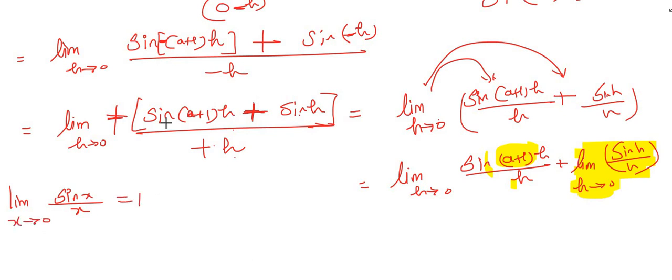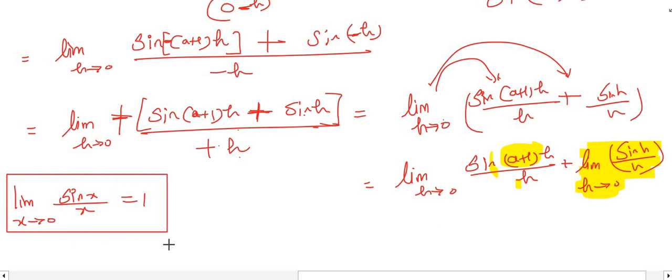This is a formula. Okay? Write down this formula. This formula is valid for any value if these two are matching. This x by x is matching. If it is 2x by 2x, then also 1. 3x by 3x, then also 1.